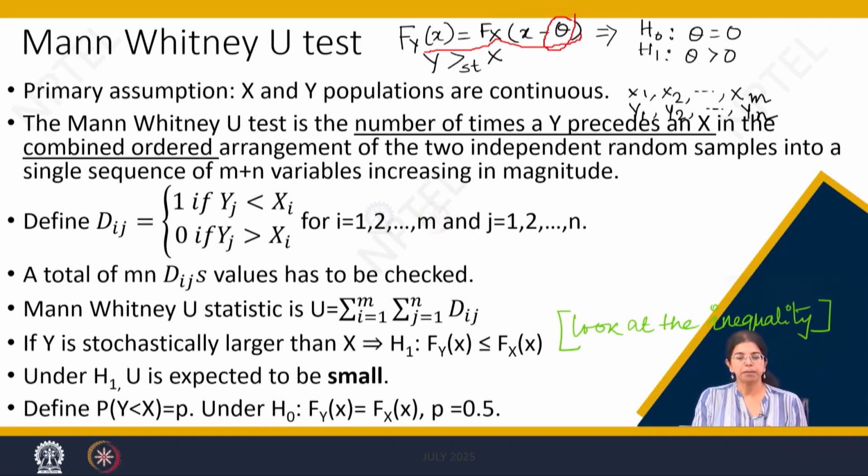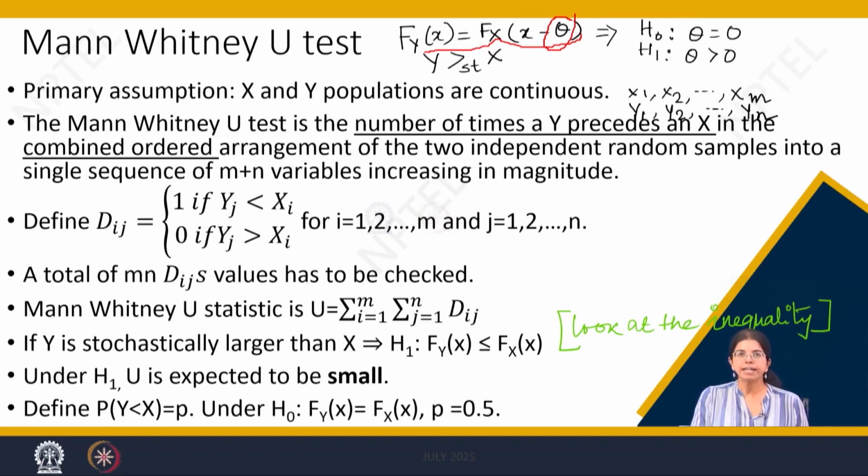So the primary assumption is that X and Y populations are continuous. As we know, for any kind of non-parametric testing theory, we have to assume that X and Y are continuous distributions, and you have the sample observations x1, x2, ..., xm and y1, y2, ..., yn.